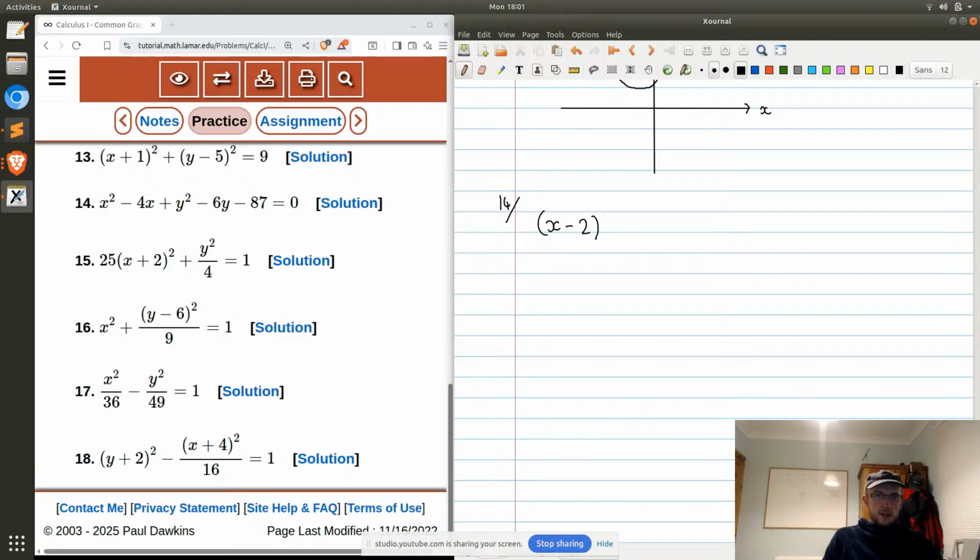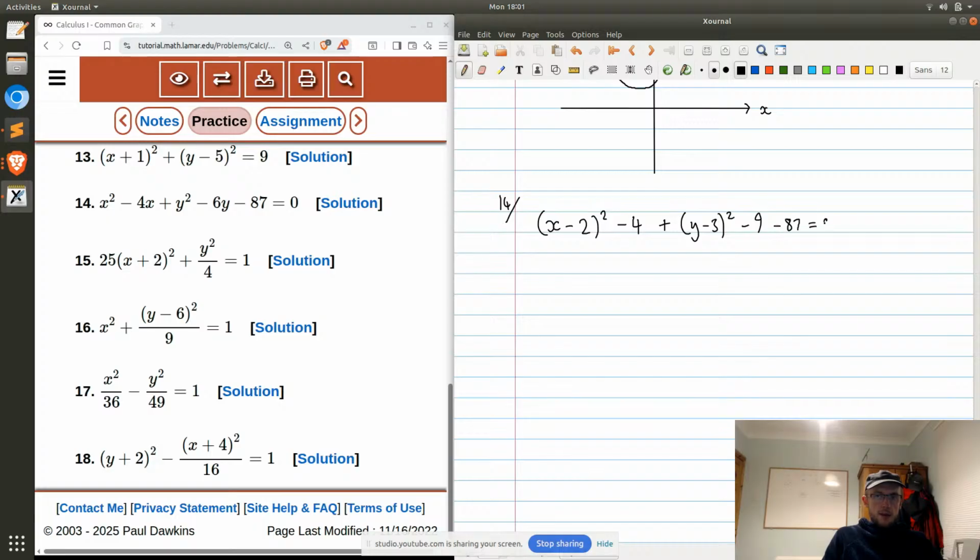So I'm going to say x take 2 squared. That captures that. But then I've created a 4 out of nowhere, so I have to take that away. Same here. I'm going to do y take 3 all squared and take away that 9.